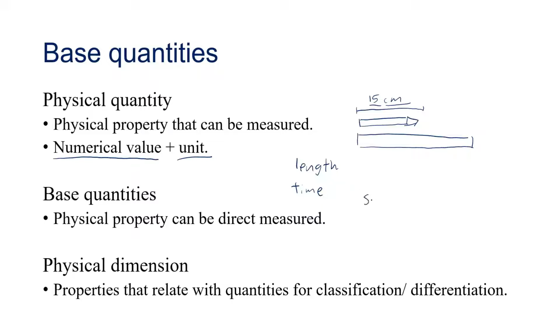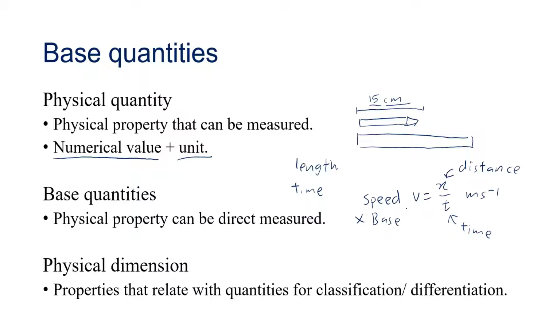Now, things like speed, v equals x over t, where x is a distance. Distance is a length, divided by the time t, and we know it has an SI unit of meter per second. Now this is not a base quantity.